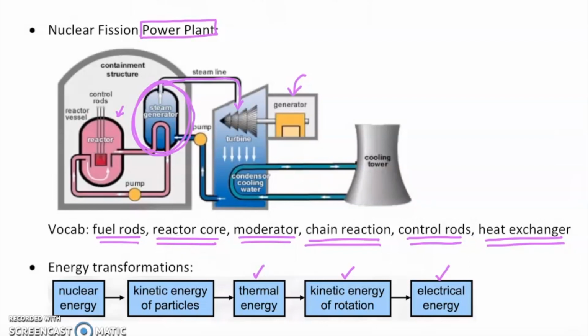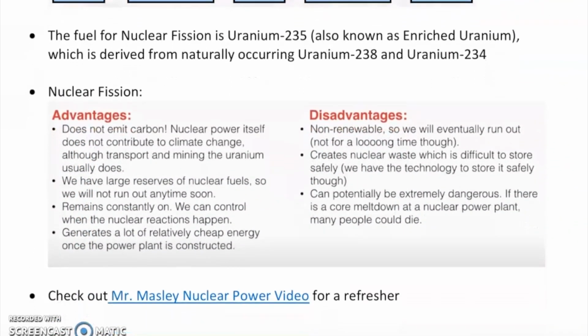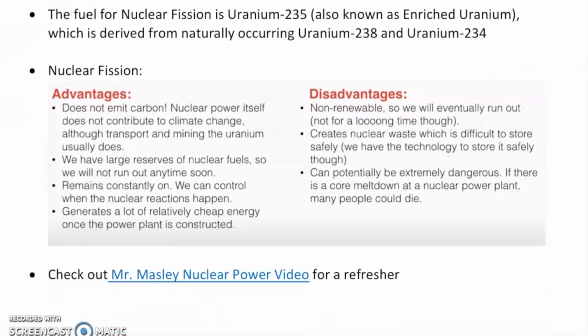Now let's go back to the very beginning, inside of our reactor and that nuclear energy. Let's talk about the fuel. The fuel for nuclear fission is called uranium-235, or also known as enriched uranium. Naturally occurring uranium is sometimes uranium-235, but more commonly uranium-238, uranium-234.